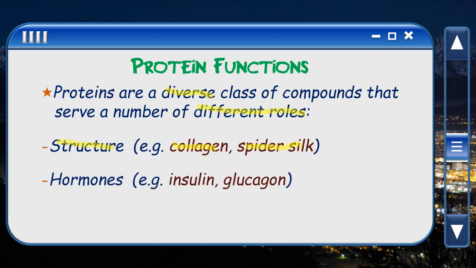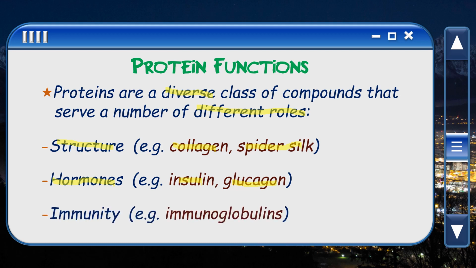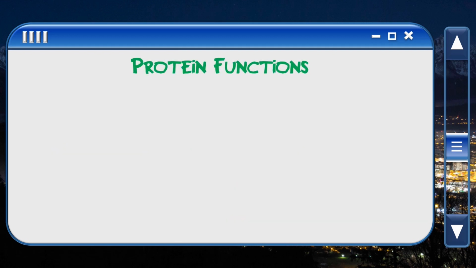Then there are others which function as hormones. For example, we have insulin and glucagon and many other hormones. They have a hormonal function. Then we have those whose function is immunity, like immunoglobulin. That one is a protein which is for immunity.